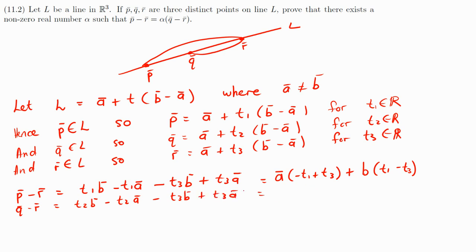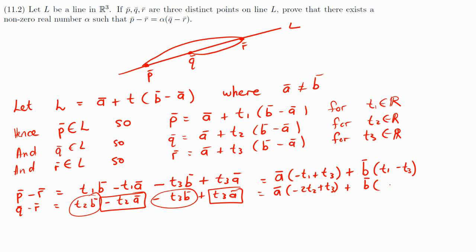And again, we group the A with the A and the B with the B. Perfect. So now the A parts will be minus T2 plus T3, plus with B. Remember those are vectors. And the B part is T2 minus T3. Okay, so that's what we have so far. That is P minus R, and that is indeed Q minus R.